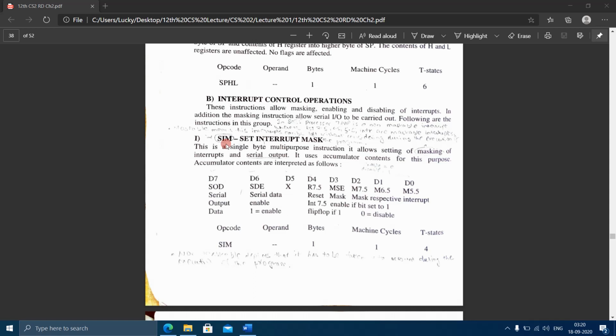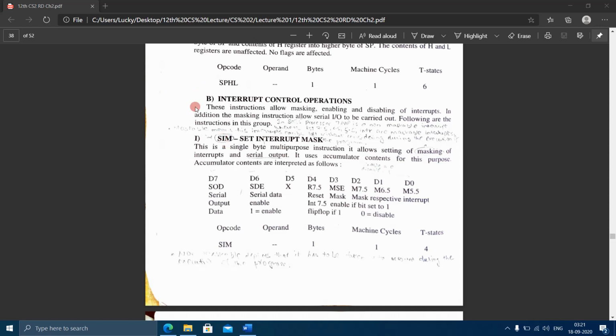It is used to mask the interrupts RST 7.5, 6.5 and 5.5, which are the hardware interrupts. Also, set interrupt mask is used to reset the pending RST 7.5 interrupt.